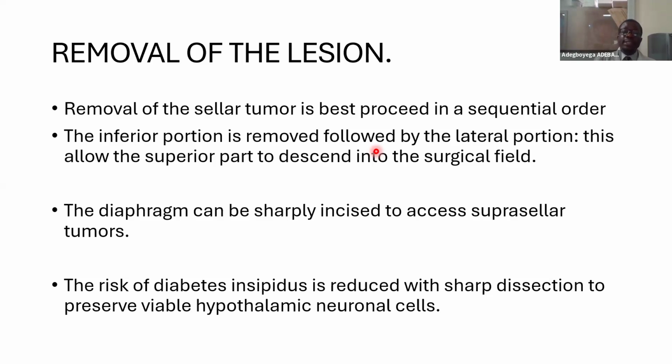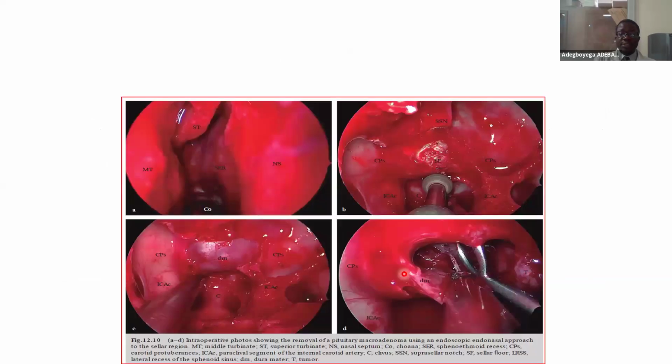When the inferior and lateral portions of the tumor are removed, it is expected that the superior aspect of the tumor will descend into the sella, and this will be within the reach of the surgeon. The risk of diabetes insipidus is reduced when careful dissection is done.